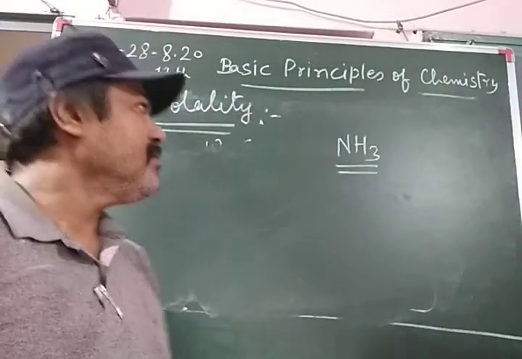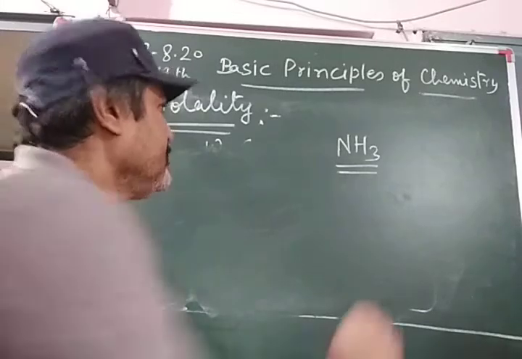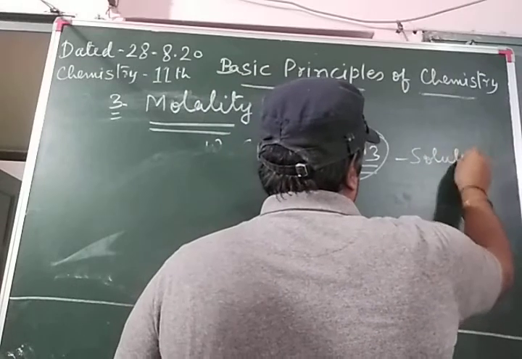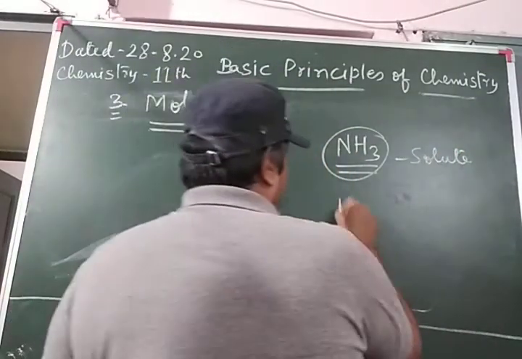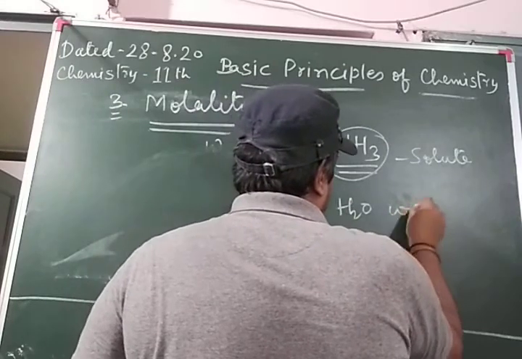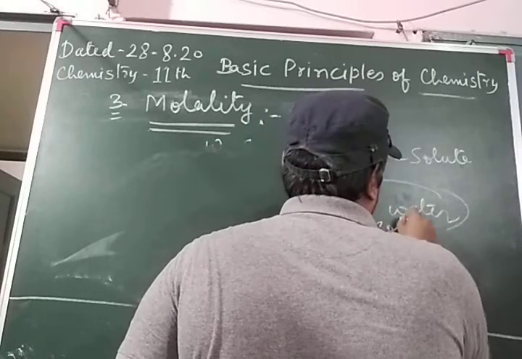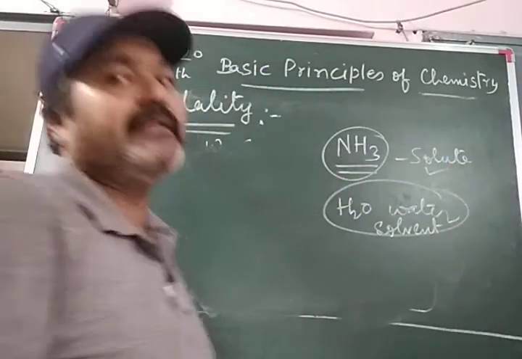Okay, NH3, this will be treated as solute and it is dissolved in water. This H2O, this is water and this is treated as solvent and this is treated as solute.